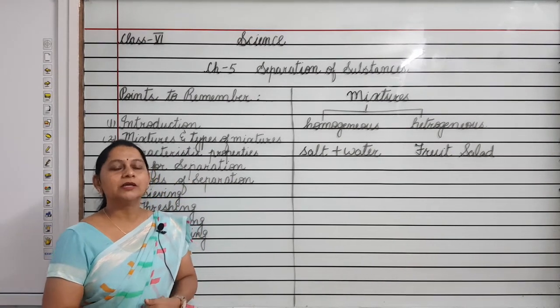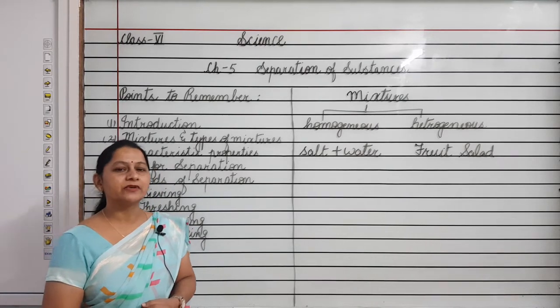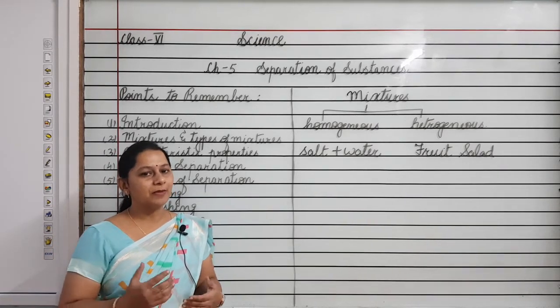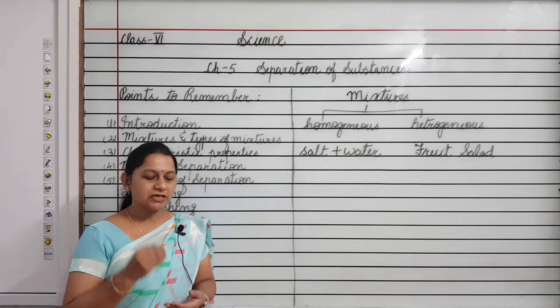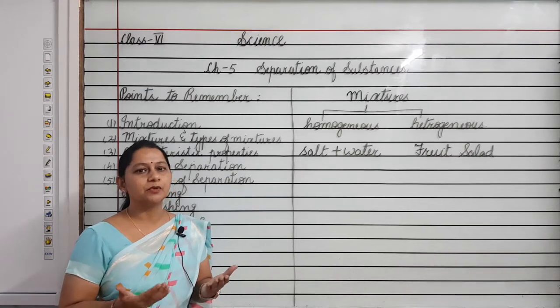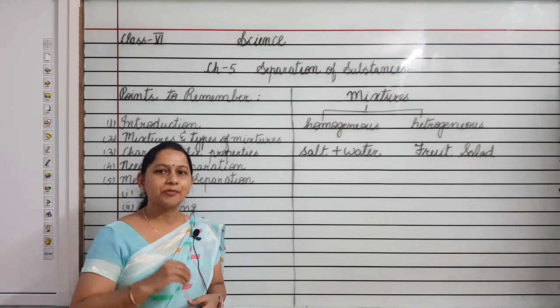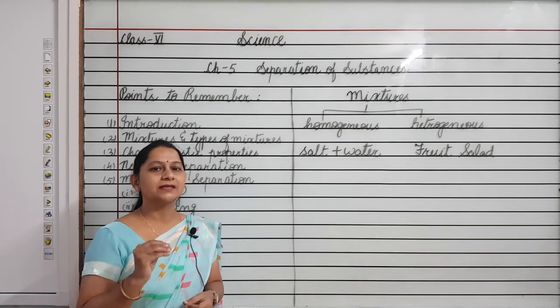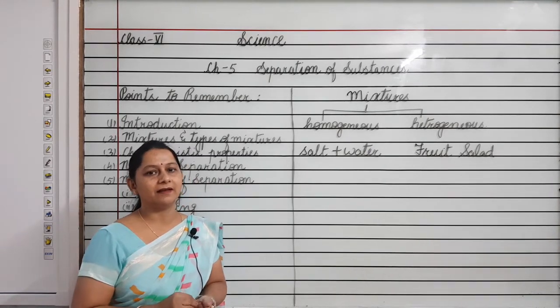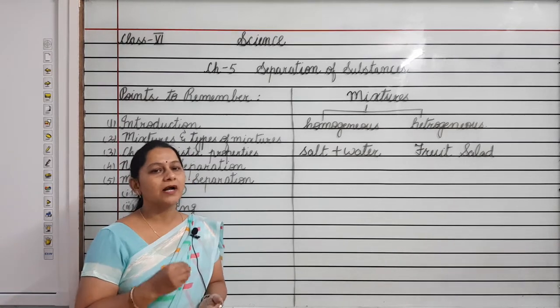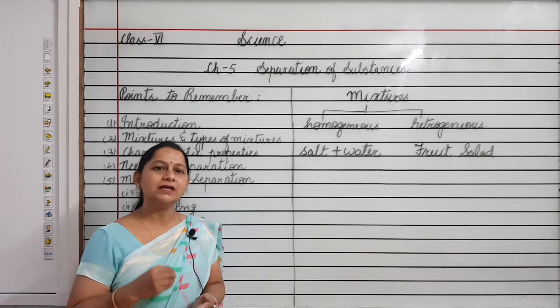Children, you must have also observed that sometimes when your mama brings pulses, she takes them in a bowl or in a plate, and she picks out and separates some unwanted things. Some stones are there, some unwanted leaves or grains, husks are there with the grains.